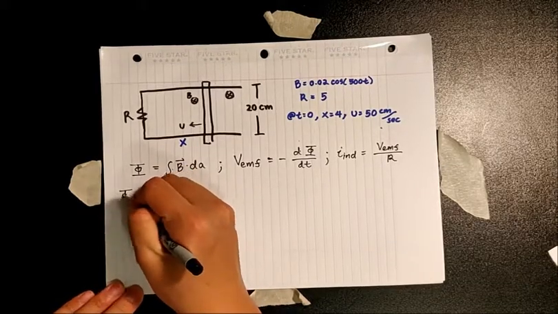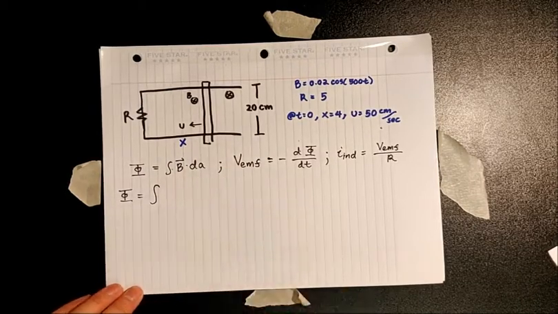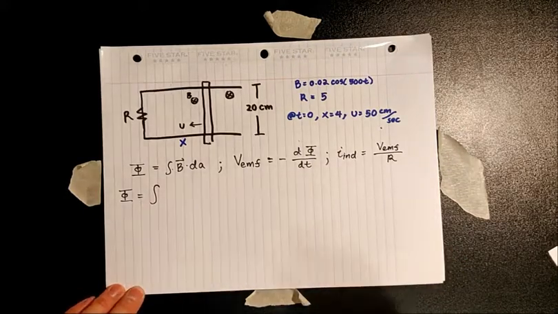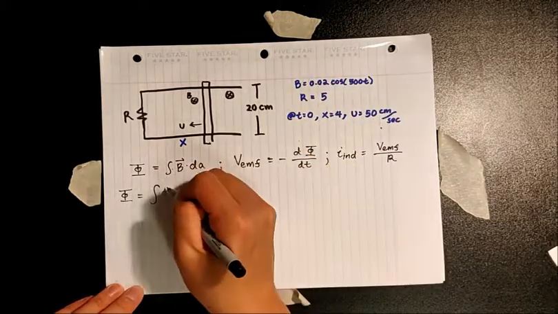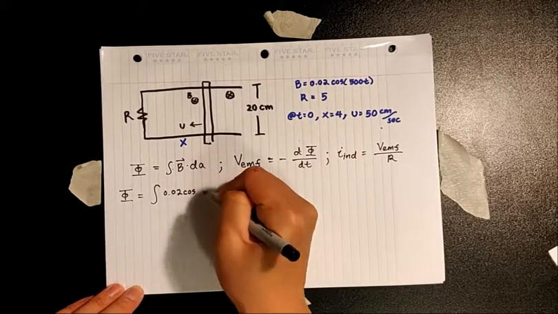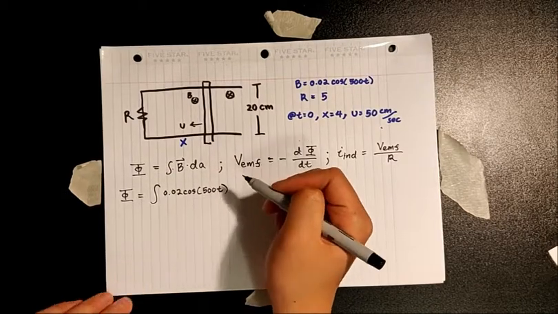So flux will be equal to the integral of B dot dA, and B is given right here. So B would be 0.02 cosine 500t dotted with dA.